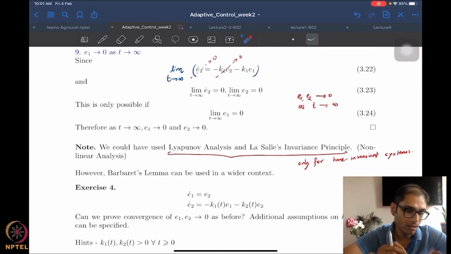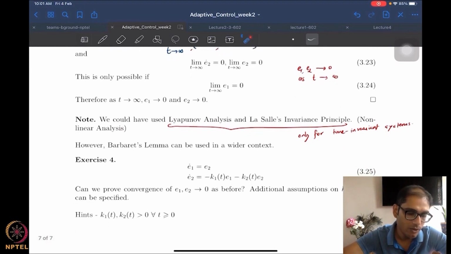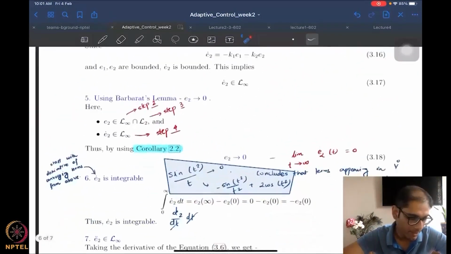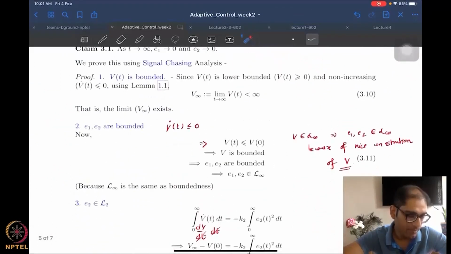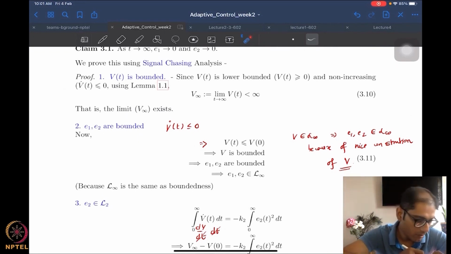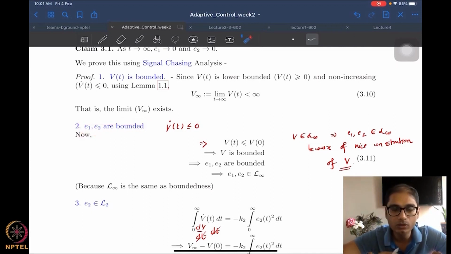Stability, or the fact that the trajectories remain bounded. One thing should be obvious to you already: by step 2 here, it's not like we have got nothing beyond convergence. We did get something more than convergence. We're also saying that E1 and E2 remain bounded, so all the closed loop signals.